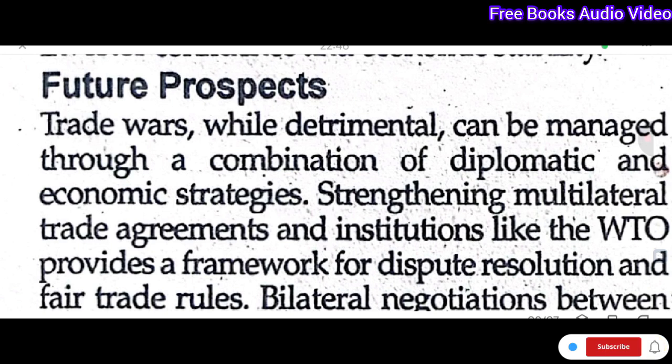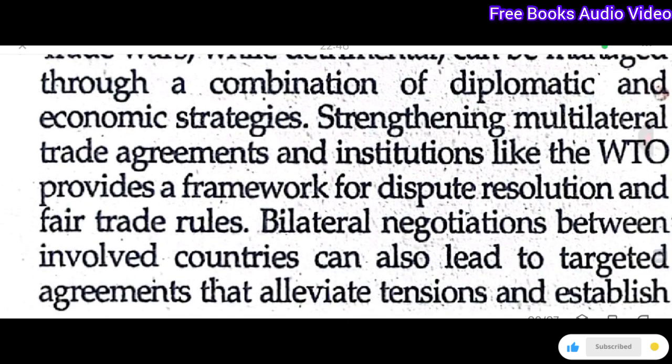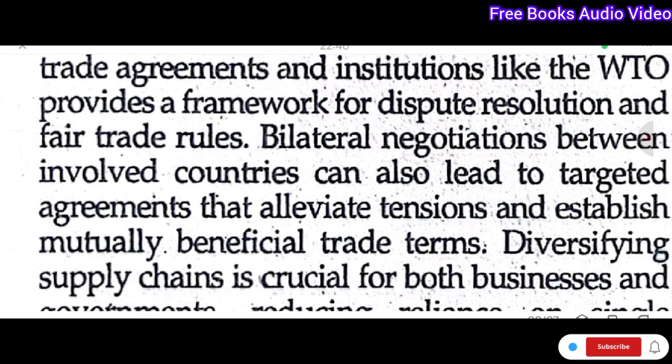Bilateral negotiations between involved countries can also lead to targeted agreements that alleviate tensions and establish mutually beneficial trade terms.